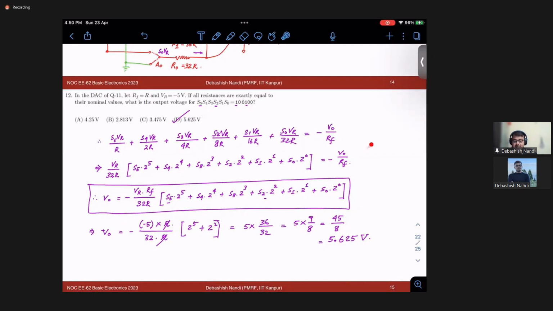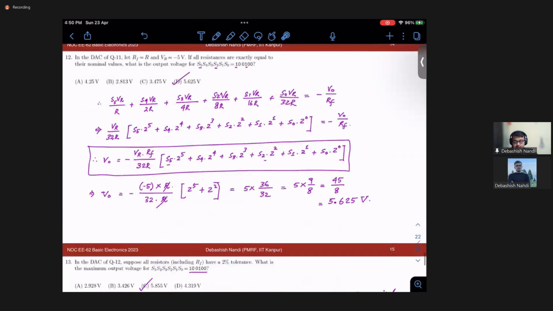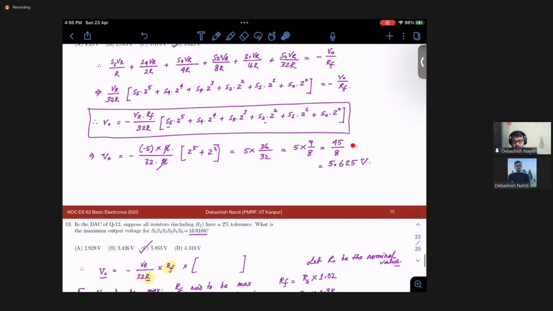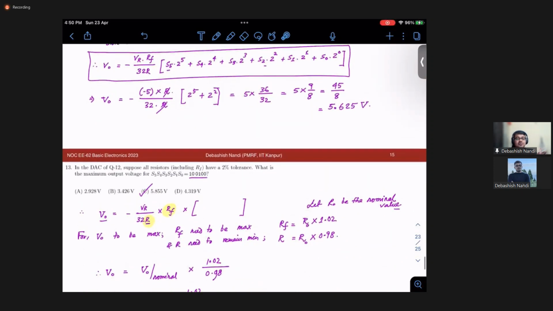We simplified that: all the currents come and add at this node, and flow through this RF. This is nothing but an inverting amplifier in negative feedback. Then we calculated what happens if the resistances have some tolerances.